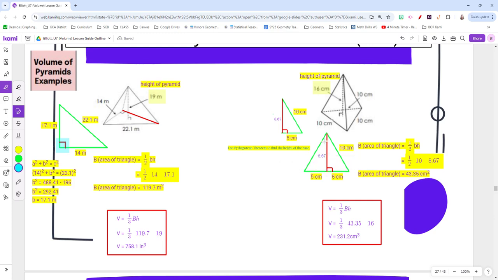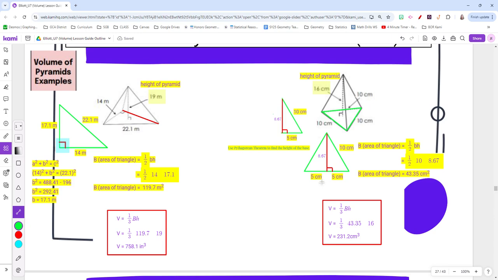This is going to be the height of that green triangle that is your base. You may be wondering which green triangle we are talking about. This is the green triangle right here on the bottom. So that is the triangle that we are looking at.